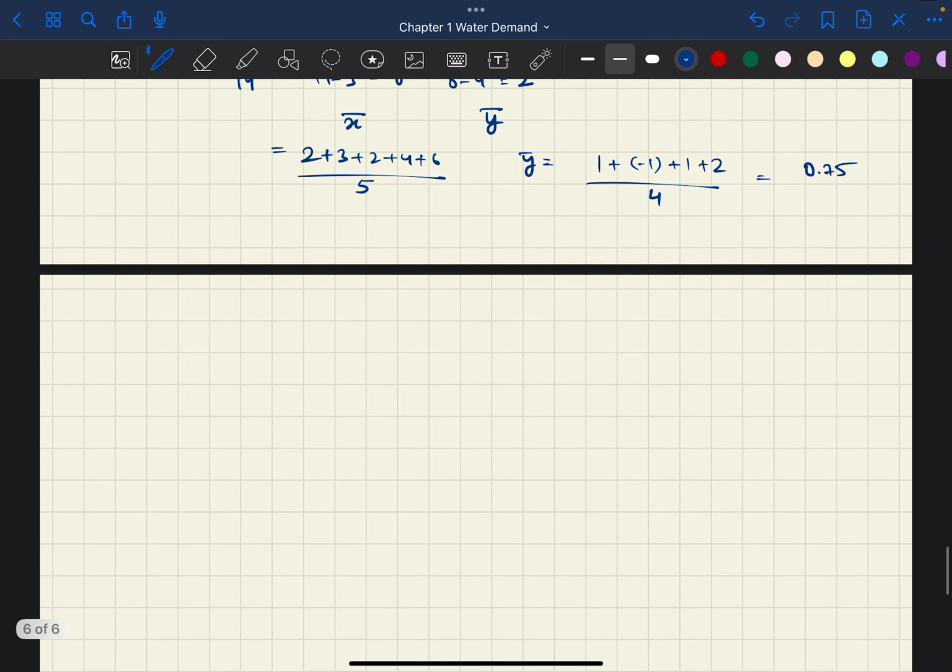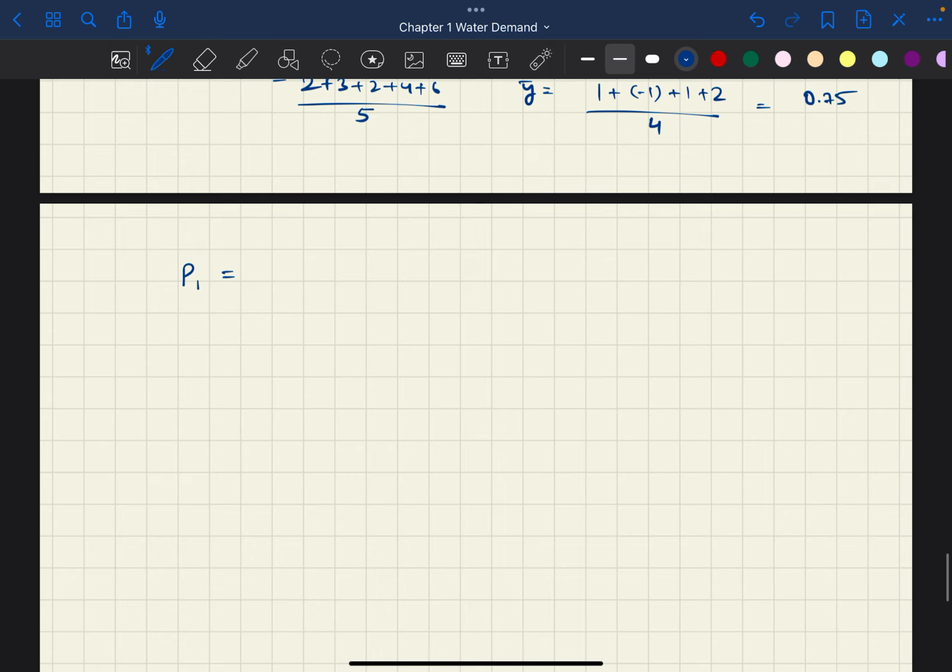So in this, P1 will be equal to P naught, that is the last known population, plus x bar plus 1 y bar. P2 will be equal to P1 plus x bar plus 2 times y bar. Similarly, P3 will be equal to P2 plus x bar plus 3y bar.